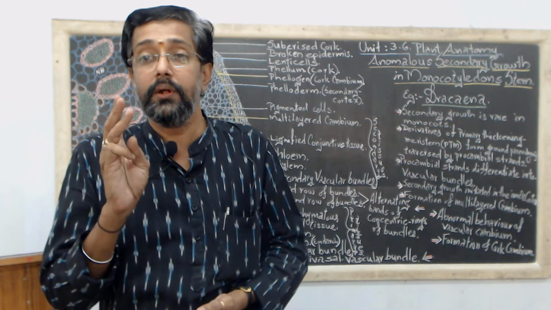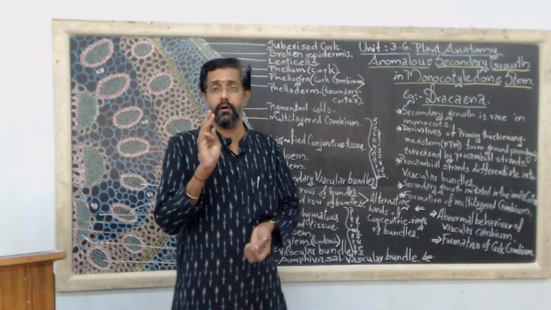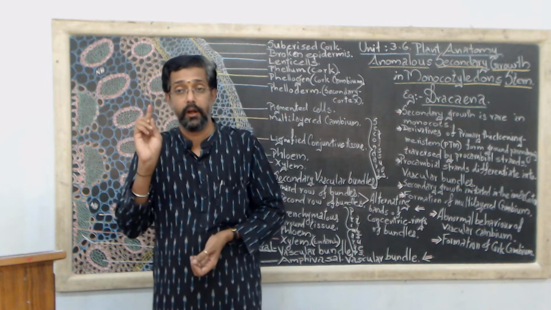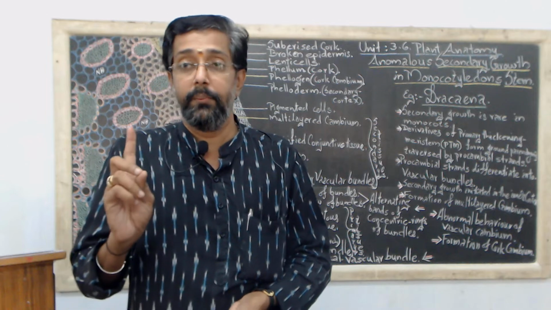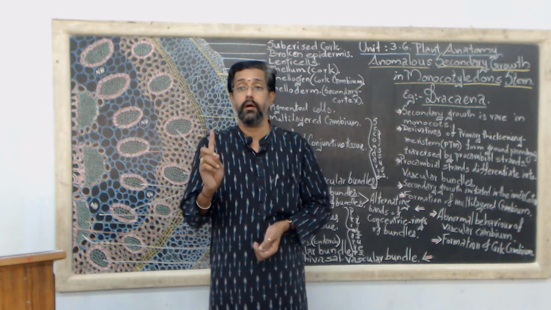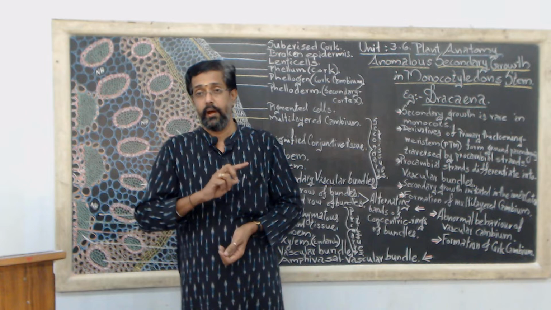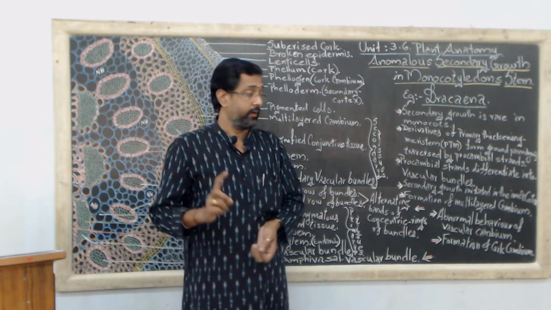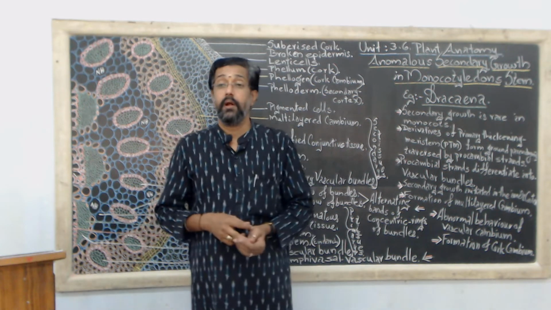So, there are three stages of anomalous secondary growth in Dracaena or in these monocotyledonous plants. We can remember that. First one, the normal bundles which are formed in the primary structure, dispersed in the ground tissue, and outer to these primary bundles the second or third row of vascular bundles derived from the primary thickening meristem from the ground parenchyma.